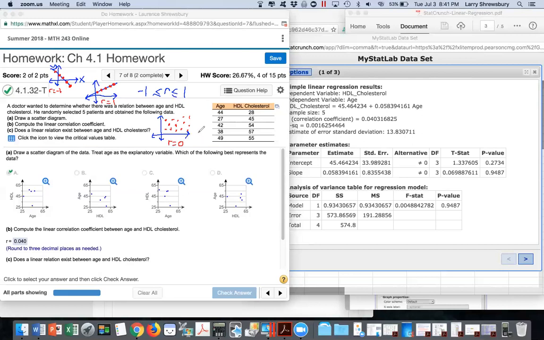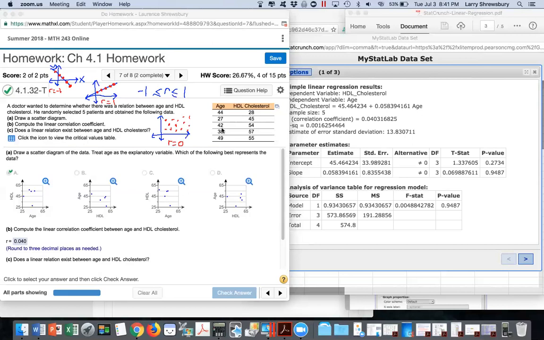Okay, so where do you draw the line? How close to 1 or how close to -1 do you need to be before you say there's a correlation? Well, that's what this table of critical values tells you. It varies, it changes depending on how many pairs you have here.